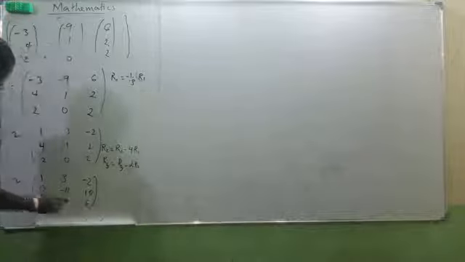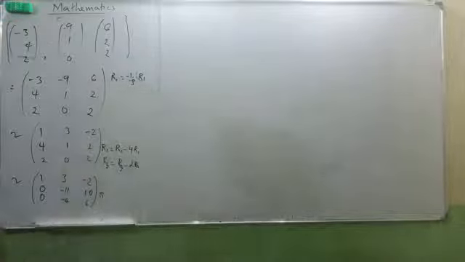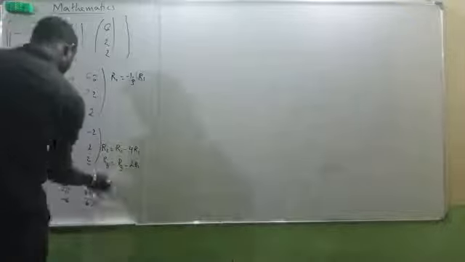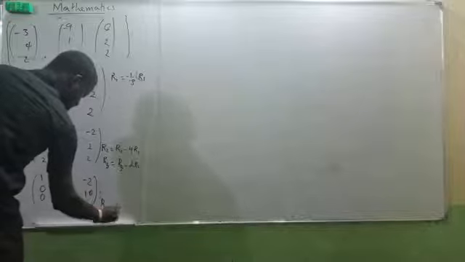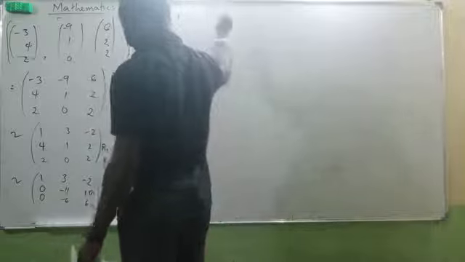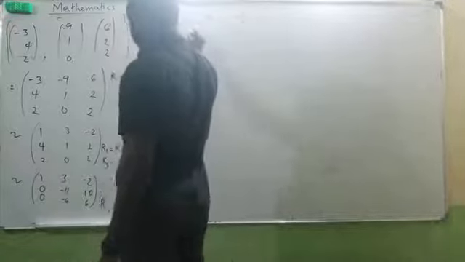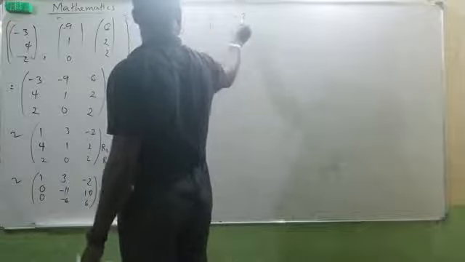Now, with my row reduction, what can I do here? I can say that R3 equals 1/6 of R3. Yes, I think I'm doing the right thing. Now I will be having 1, 3, -2, I have 0, 11, 10.